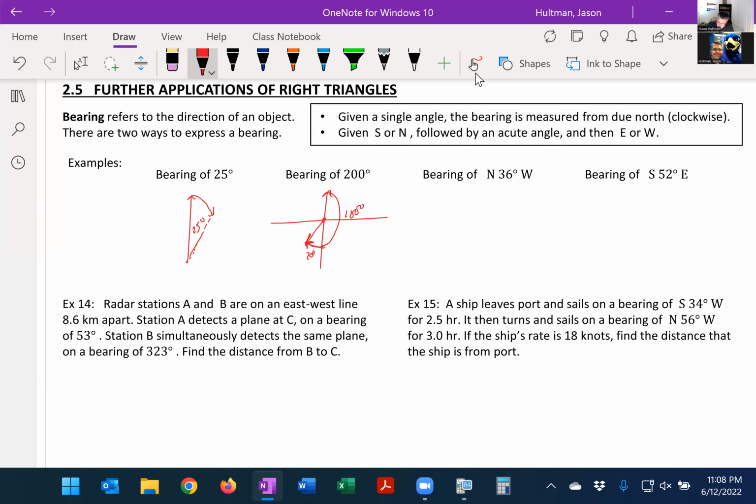So a bearing of north 36 west. What does that mean? North 36 west. So north, right? But instead of going east, remember this is north, east, south, and west. On a compass, never eat soggy waffles. That's a mnemonic device that they sometimes use going around clockwise: never eat soggy waffles.